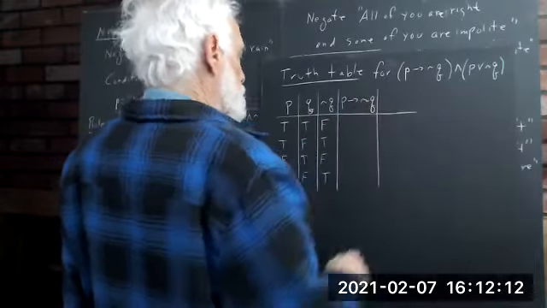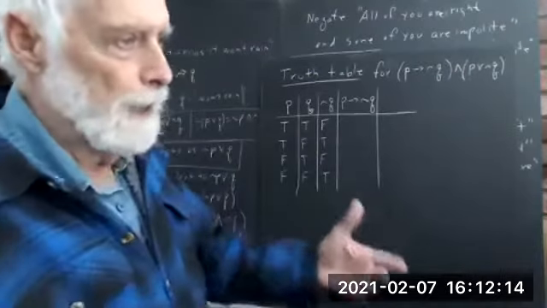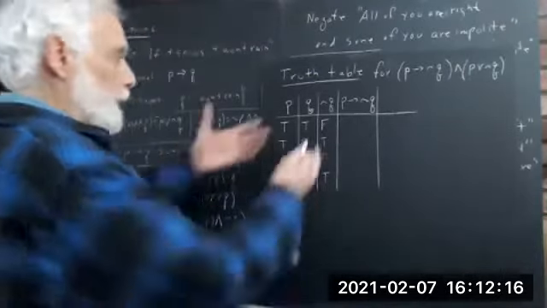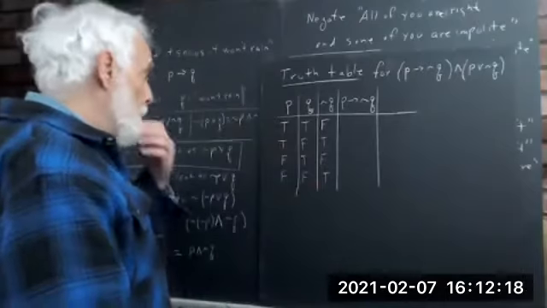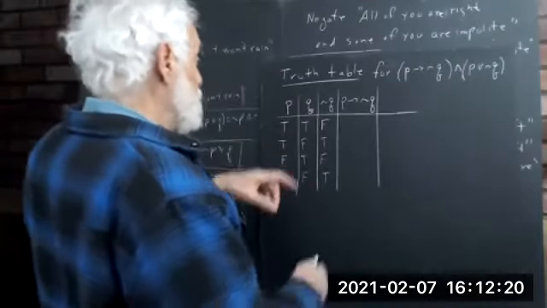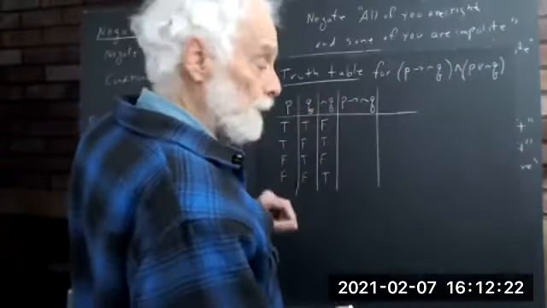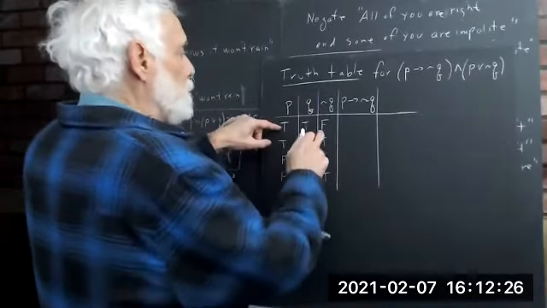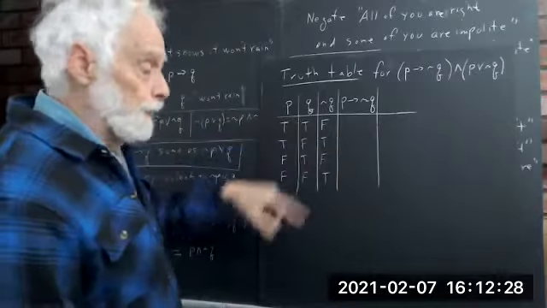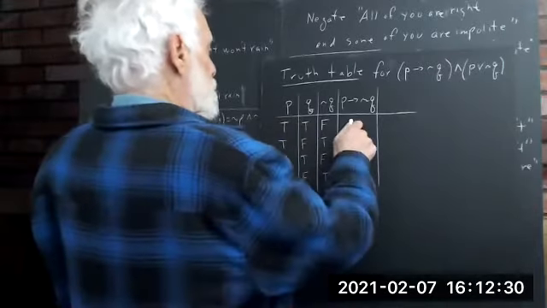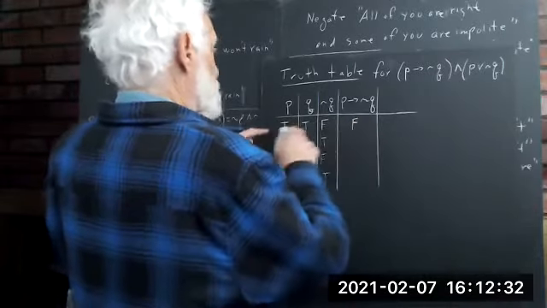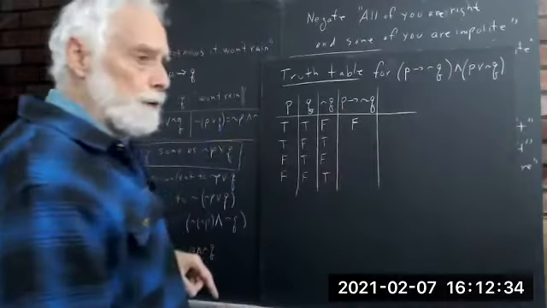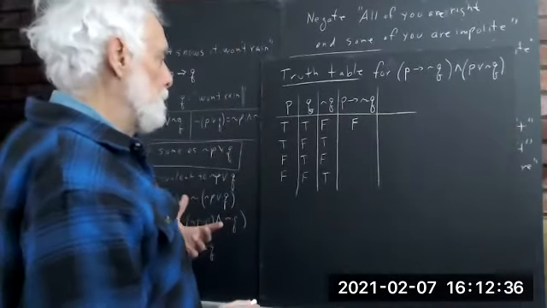So we're going to have a column for if P then not Q. And we might as well go ahead and evaluate that. Okay, it's true unless P is true and not Q is false. Well, right away we see that in the first row, P is true and not Q is false. So that in this case, if P then not Q is false.